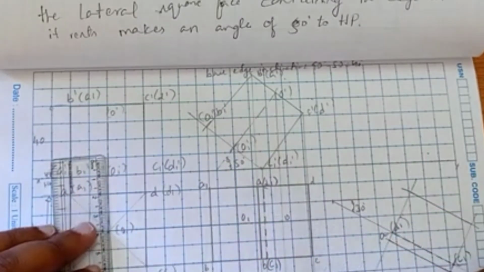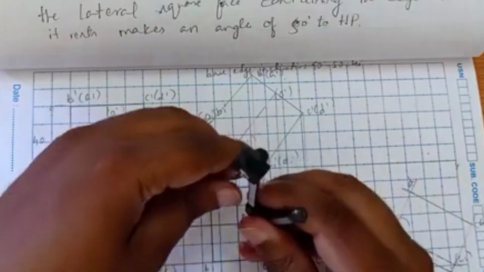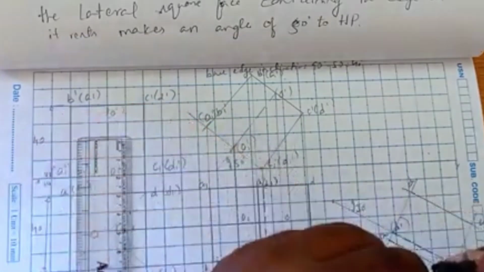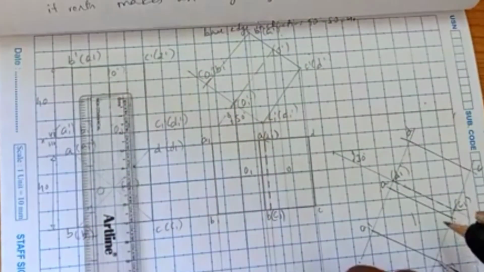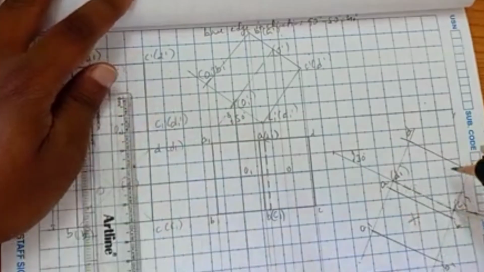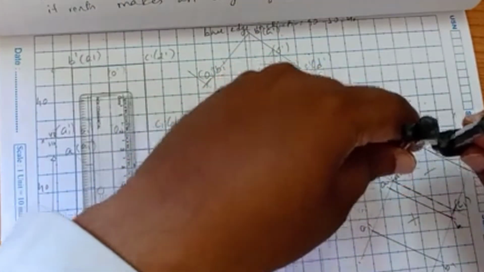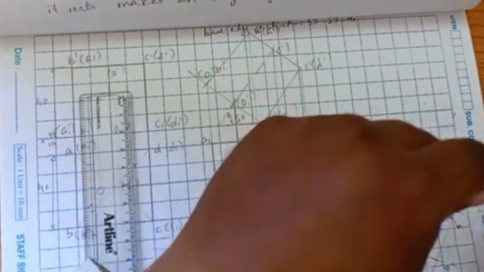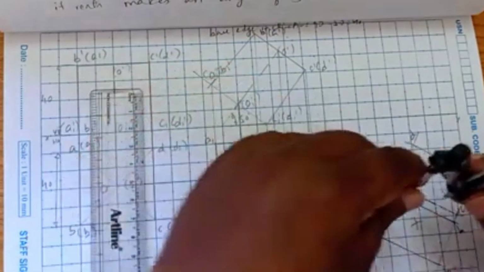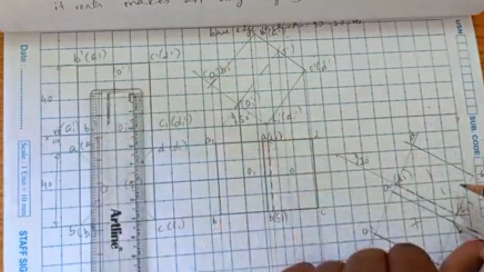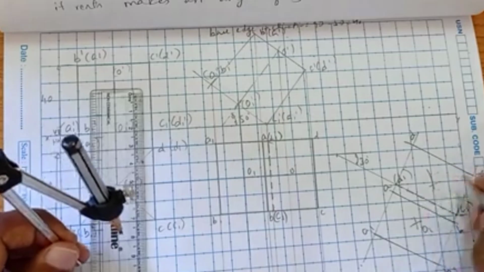So this is A, B, this is A1, B1. So this is D, this is C. This is A1 and this is B1.